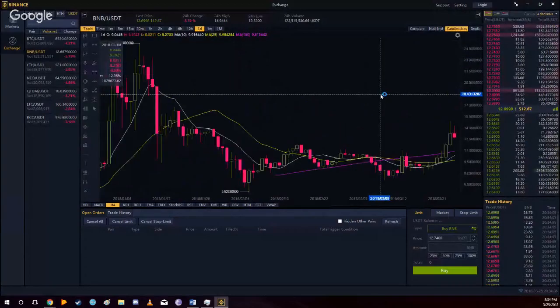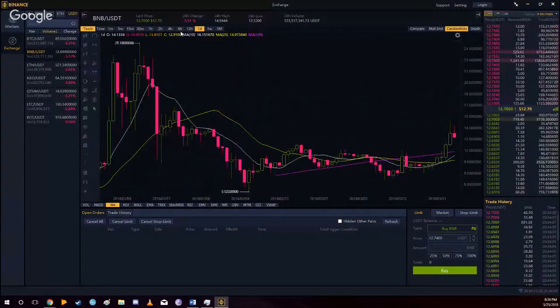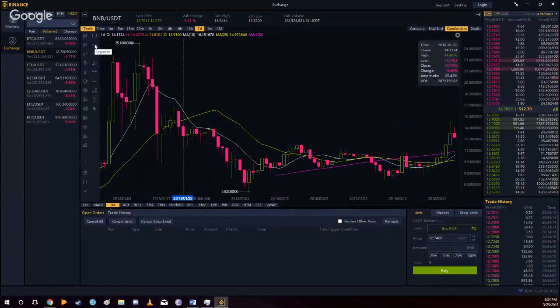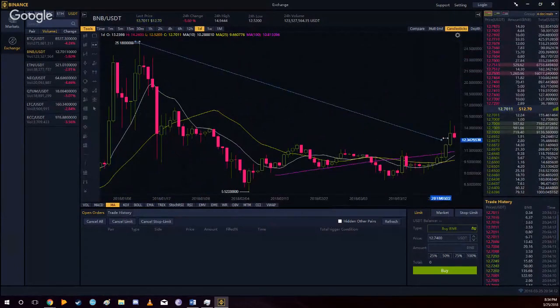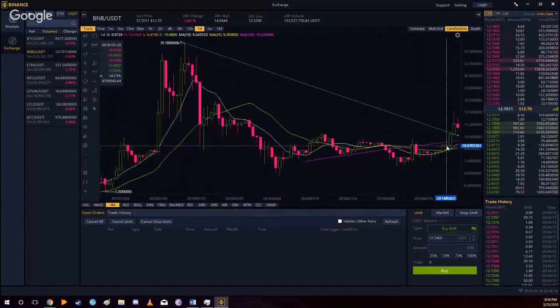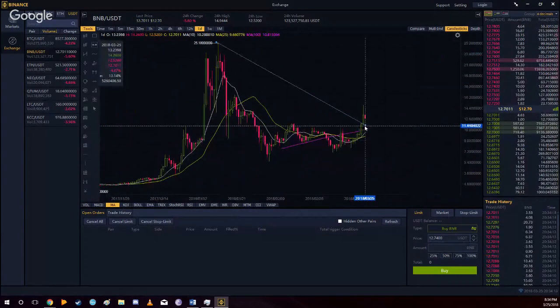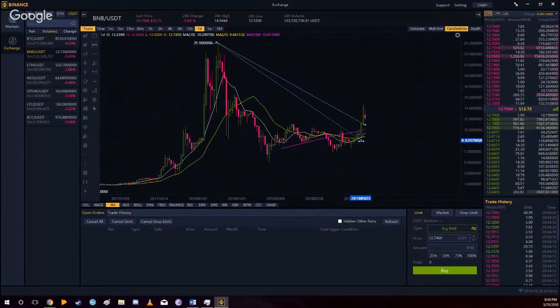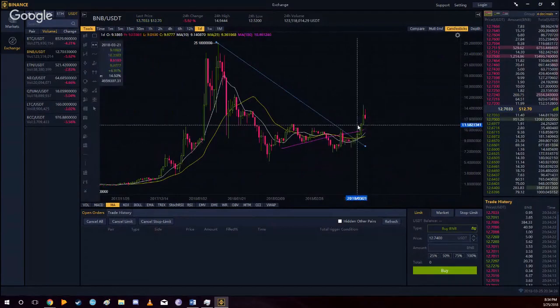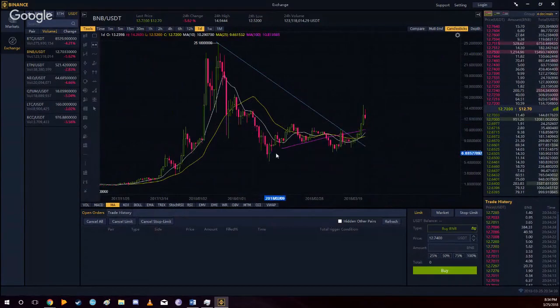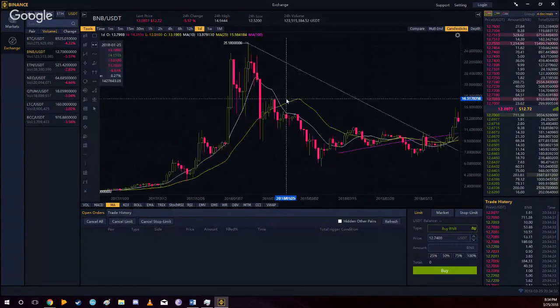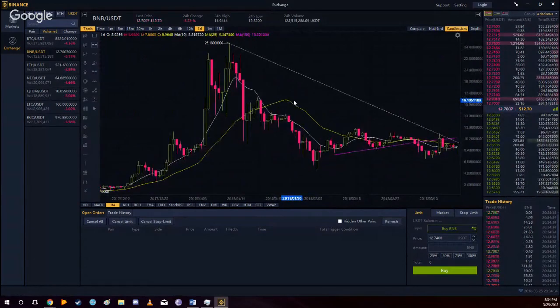See, okay, let's try to find that trend line on Binance. Yeah, this is it. Let's draw it for the last week. Let's think we are 1 week back and we are looking at the chart almost like this.